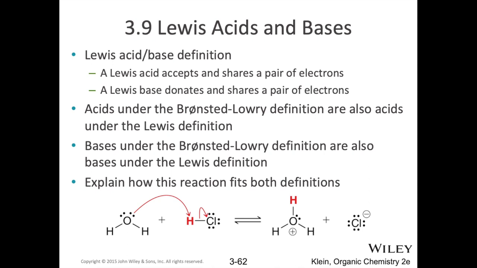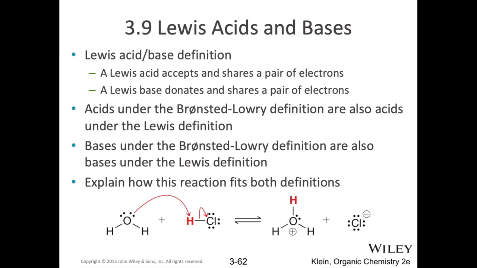So in the Bronsted-Lowry definition, an acid is a proton donor. In the Lewis definition, an acid is an electron acceptor. It's the base that donates the electrons. So you can see that by flipping from protons to electrons, we have to flip what accepts and donates, the thing we're paying attention to.